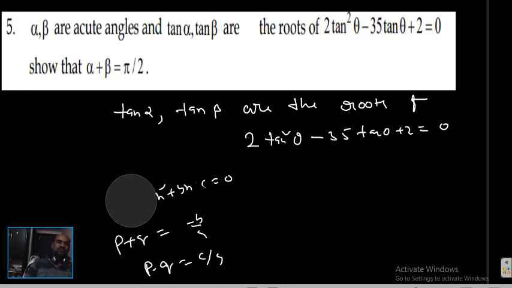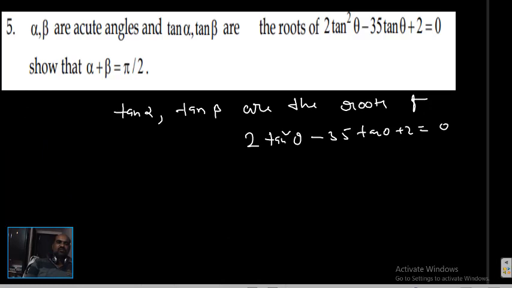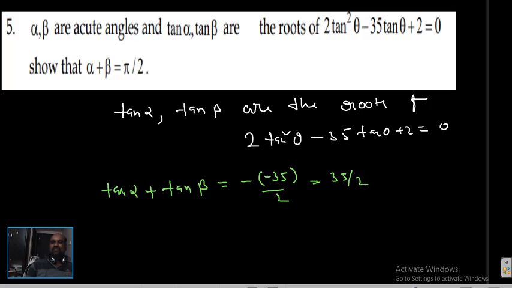Okay. So what I can write here, Nana? Sum of the roots, tan alpha plus tan beta equals minus b by a, minus minus 35 by 2, that is equal to 35 by 2. Okay.